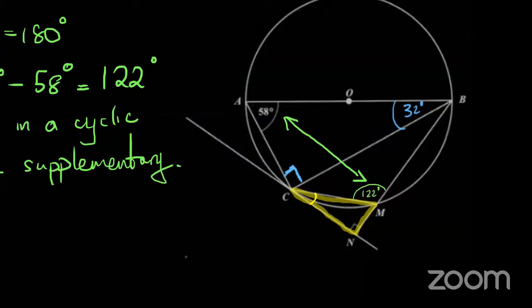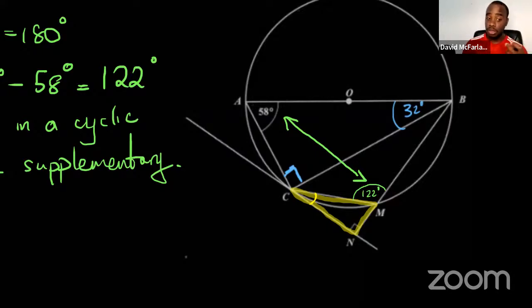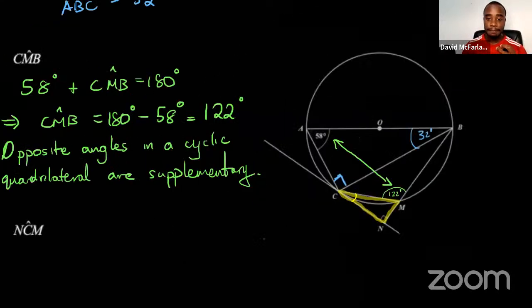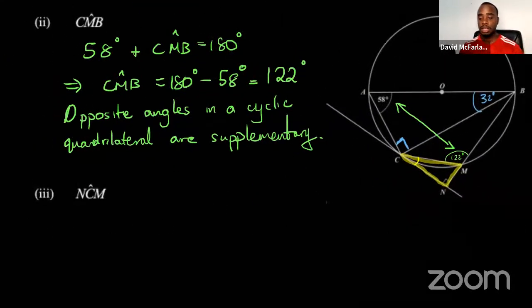So one way that we could do this is that if we know our angle here, then we could figure out angle C. And it's possible to know that angle because angles on a straight line sum to 180.